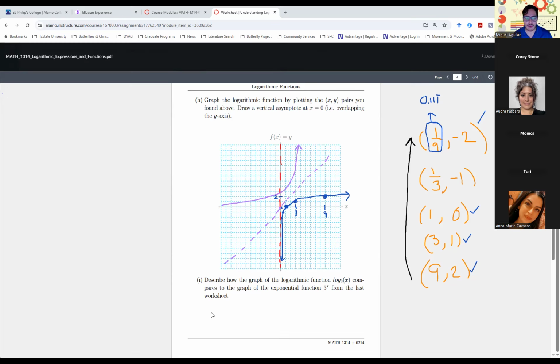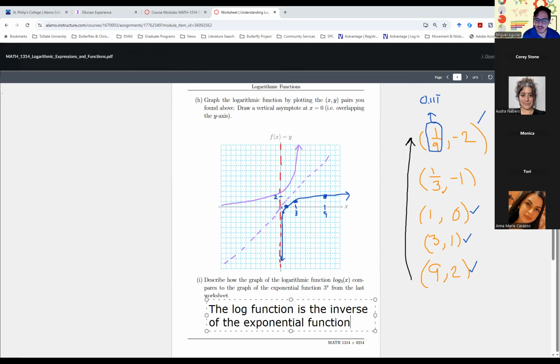So all I'm looking for in your response is just to say that the log function is the inverse of the exponential function.